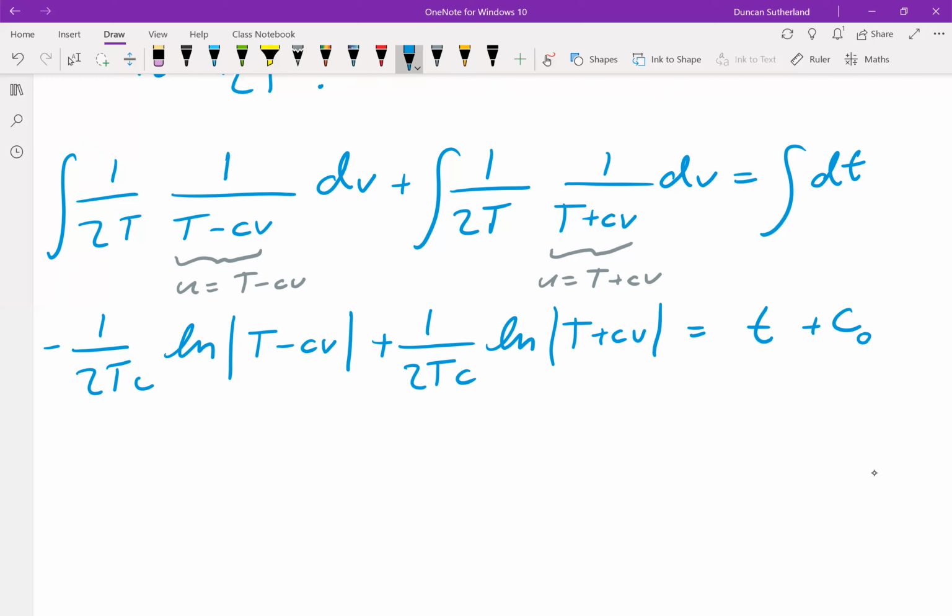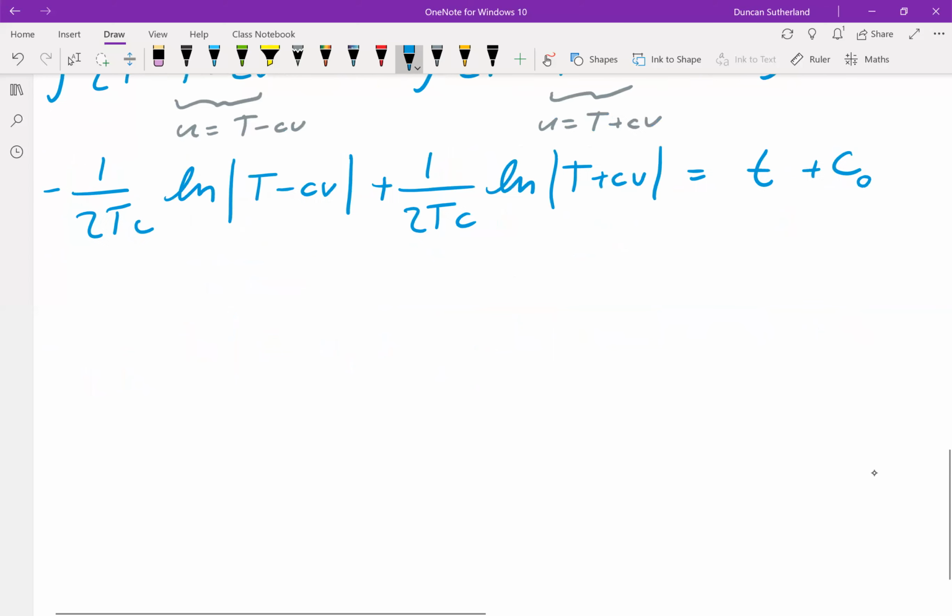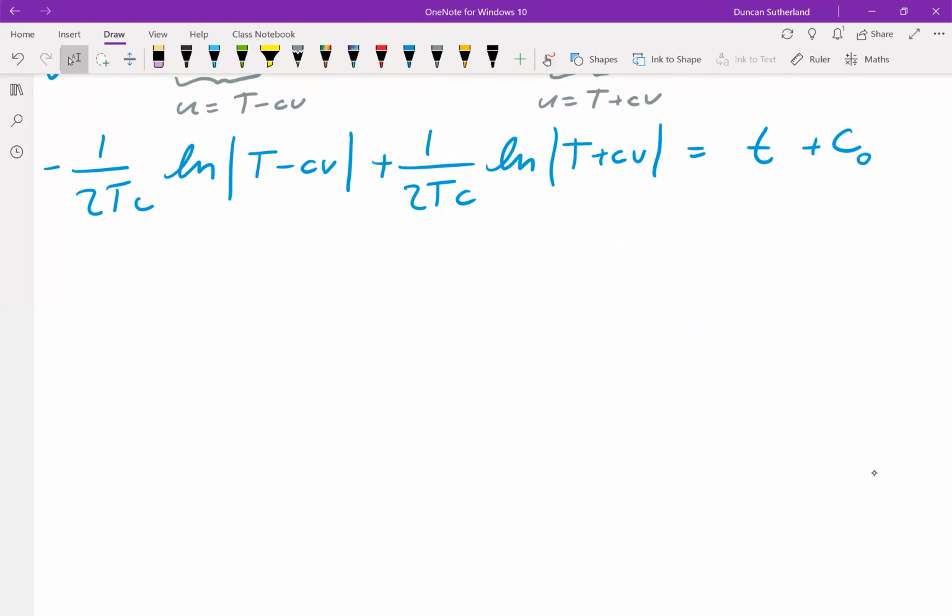Now we can rearrange, and when we do our rearrangement, I'm going to do something a little bit odd, but hopefully it'll become clear why I do that later. I'm going to move the 2C around, 2TC, and I'm going to use our rules to collapse the logarithm into a single log.